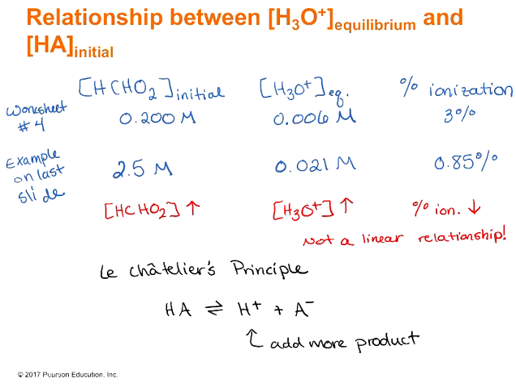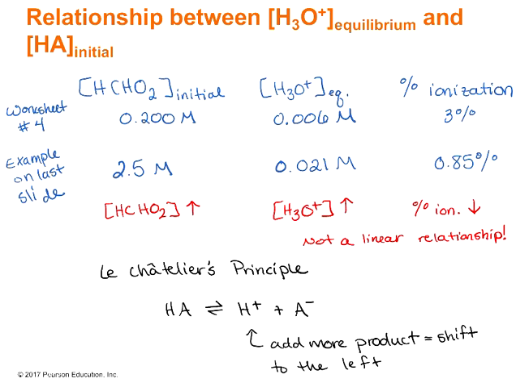We're increasing the concentration of the acid, which is increasing the hydronium ion concentration, which is the product. We're going to see a shift to the left, or a shift towards the reactants. So that's going to actually decrease the amount of ionization that's taking place.